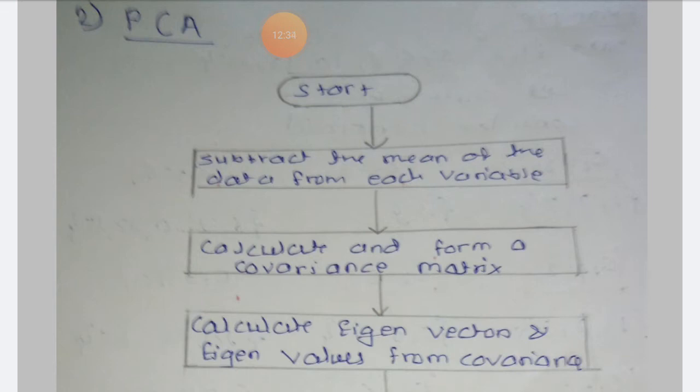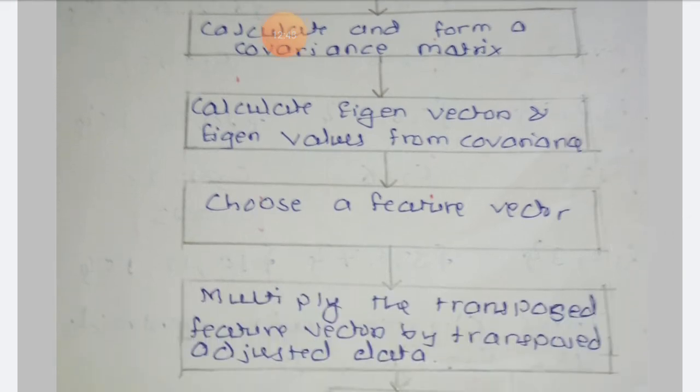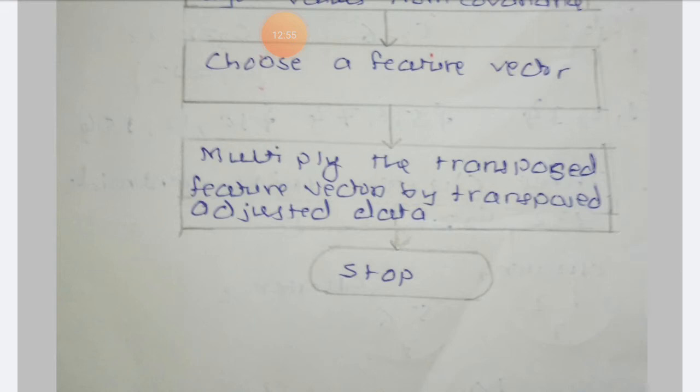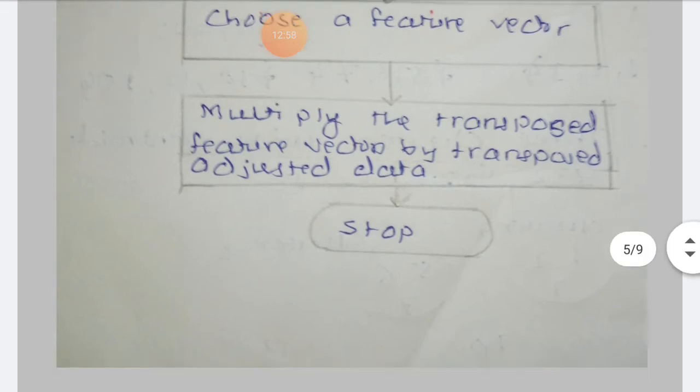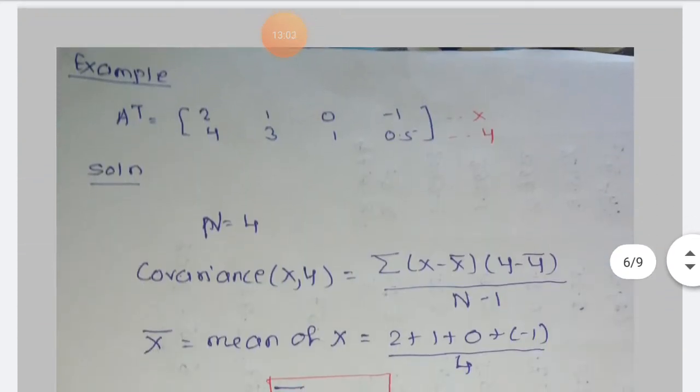Subtract the mean of the data from each variable, then calculate and form a covariance matrix, then calculate eigenvectors and eigenvalues from the covariance matrix, then choose a feature vector, then multiply the transpose feature vector by the transpose adjusted data. So finally we are getting the principal component of the given data.